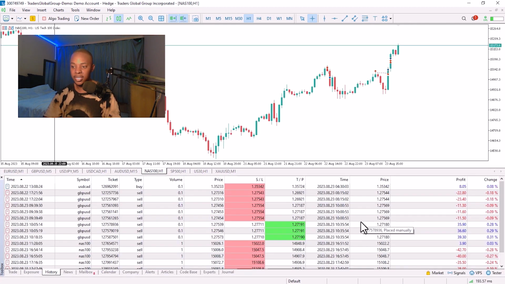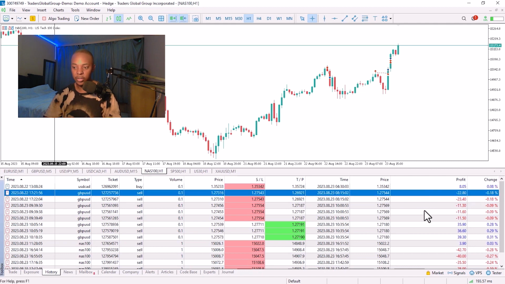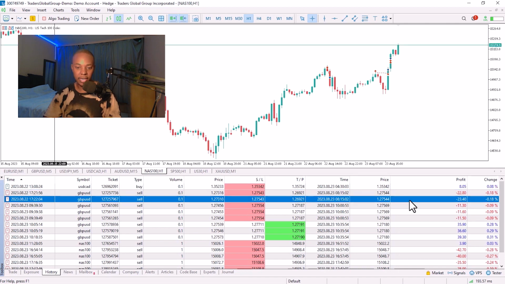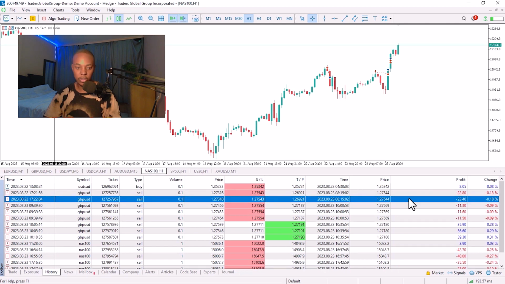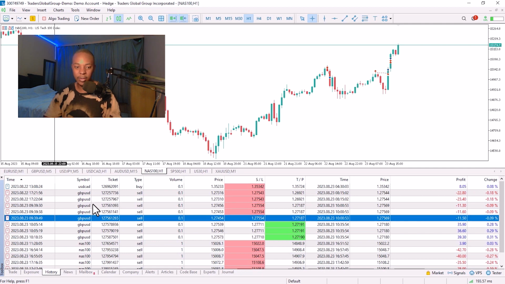Here are the results. As you know, if you checked yesterday's video, this is actually part of this USD CAD and this GBP USD. These trades 1, 2, 3 were actually part of day 6. I just closed them the next day. As you can see, the first trade, GBP USD, hit SL, 1, 2, 3.